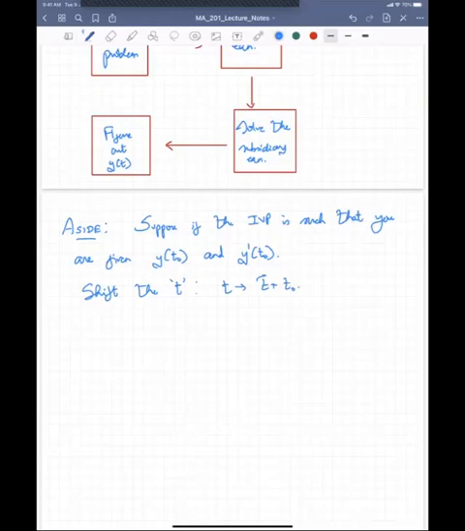With respect to t, of course, the initial values are at t equal to t0 for y and y prime. But with respect to t tilde, which is t minus t0, at t equals t0, t tilde is 0. So with respect to the shifted variables, now you can convert the initial value problem into something that has y at t tilde equal to 0 and y prime at t tilde equal to 0.